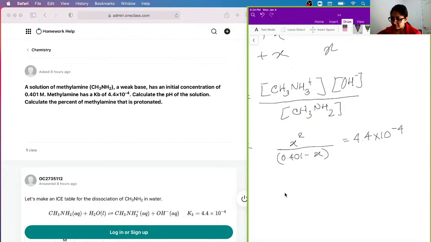And so we can calculate x using the quadratic formula, but we can use an often valid assumption: since this is a really small number, 0.401 minus x is actually equal to 0.401.